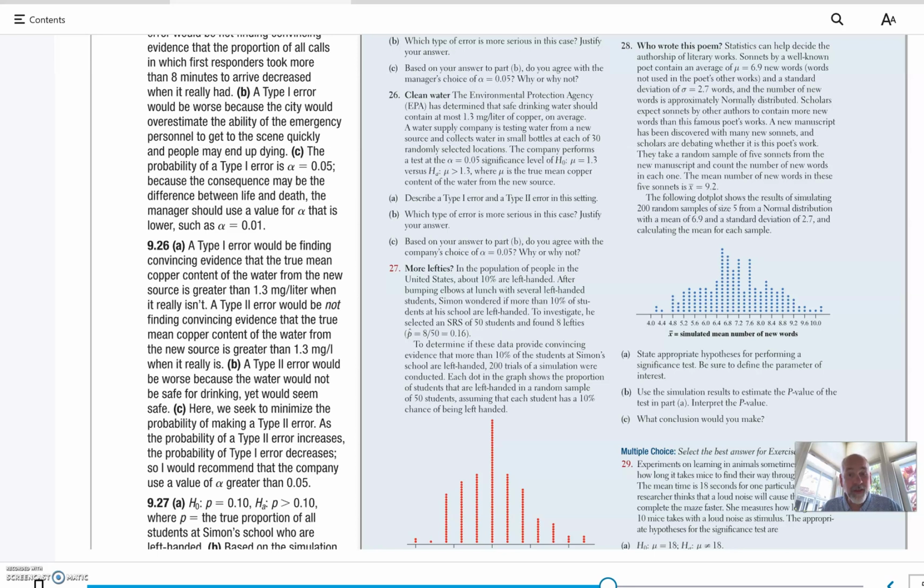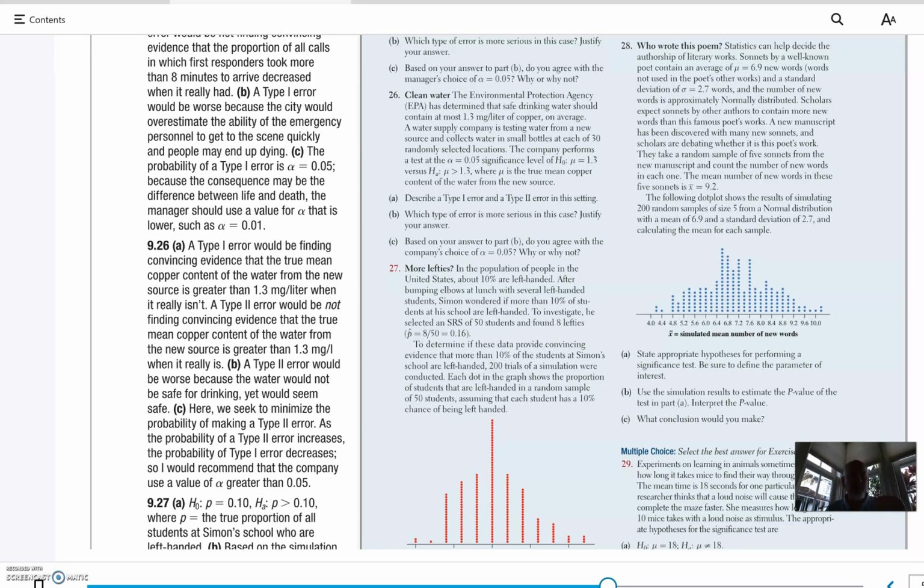Go with a bigger alpha, because with a bigger alpha, there are a lot more results that are going to cause you to reject the null. I'd rather reject the null here, because the worst thing that could happen is that I fail to reject the null when it was actually false.